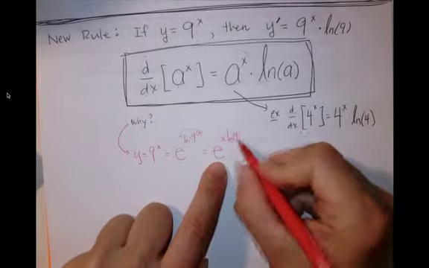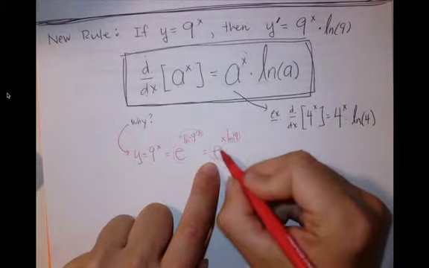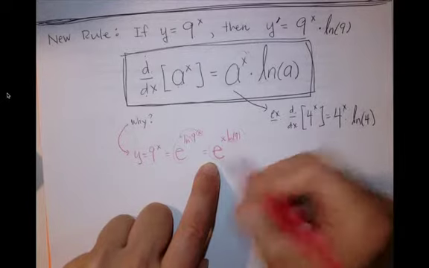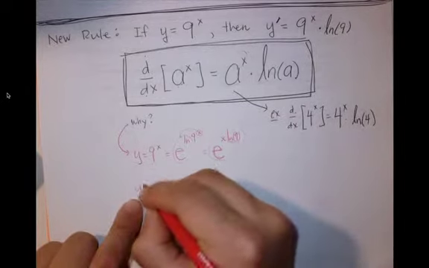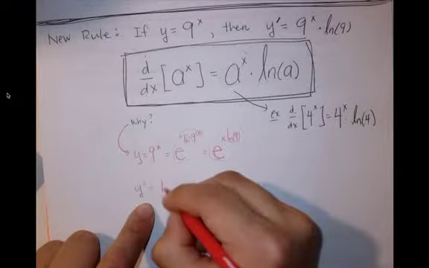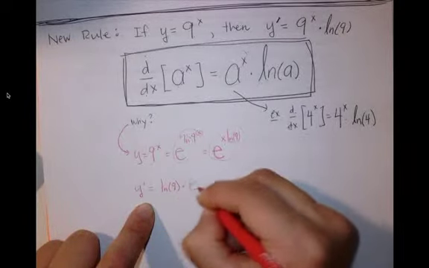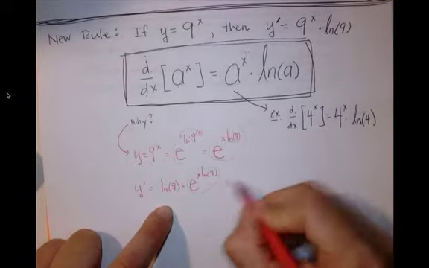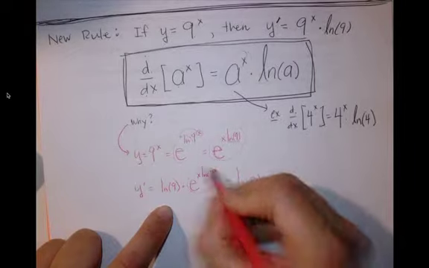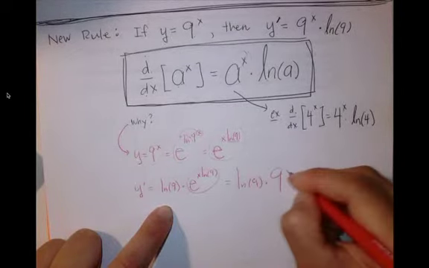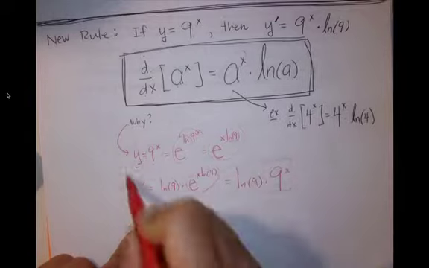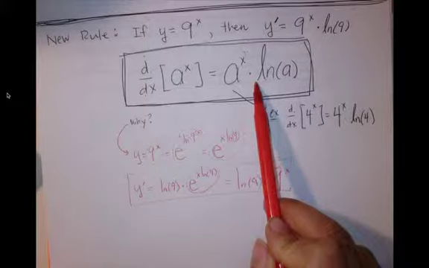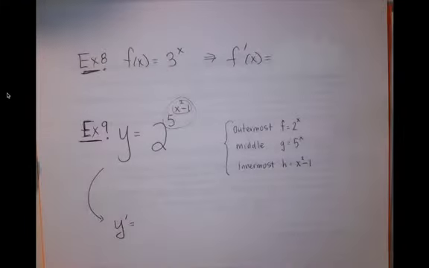And we know that whenever we have the exponential function, we talked about this in the beginning, we can easily take the derivative of this function. So y prime is equal to ln 9 times e to the x ln 9. But remember, this was equal to 9 to the x. Okay, so just using properties of logs, we're able to show that the derivative of this function is equal to this.